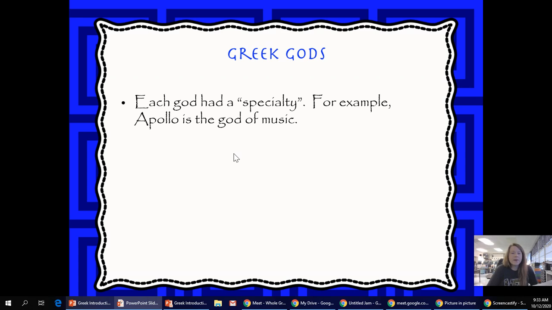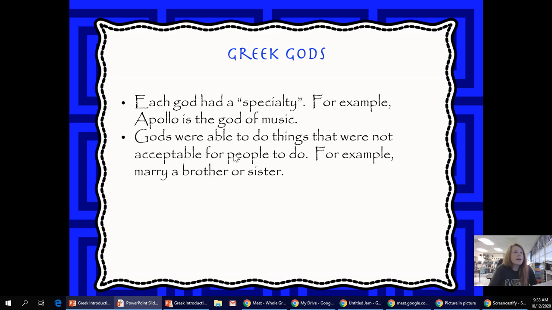All right, Greek gods. Each god had a specialty. For example, the god Apollo was the god of music. Gods were able to do things that were not acceptable for people to do. For example, marry a brother or sister. That's not something that we are allowed to do. Okay, but back then it was allowed.